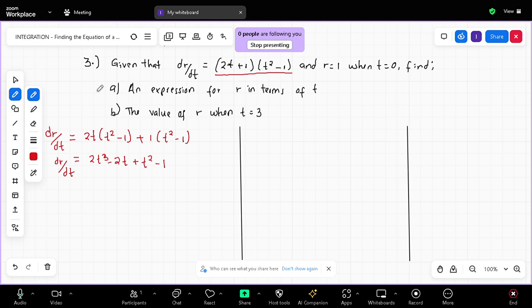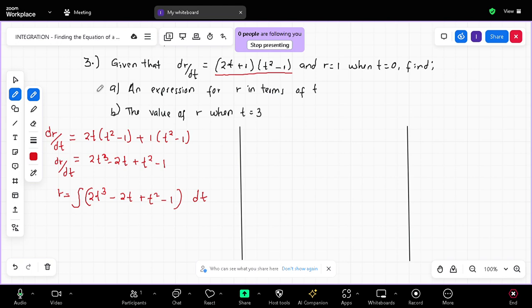Now, we want to find r. For r, we are going to integrate. r is the integral of 2t cubed minus 2t plus t squared minus 1 with respect to t.